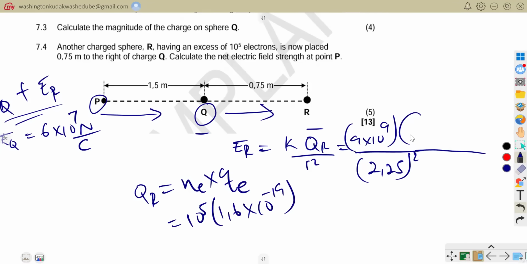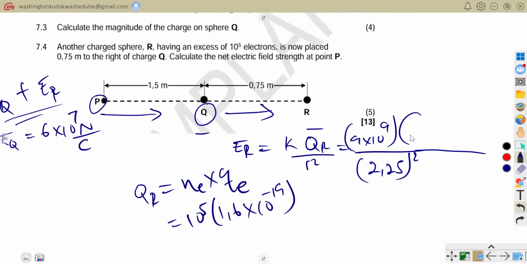So this would be 1.6 times 10 to the power 5 times 10 to the power negative 19. So if I do that here, what value would I have? Let's see: 9 times 10 to the power of 9, multiplied by 1.6 times 10 to the power of 5 times 10 to the power of negative 19.